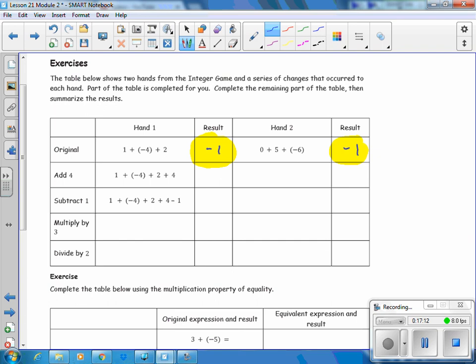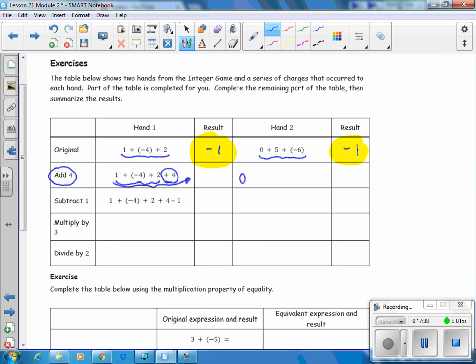Now, in the next row, you're going to add 4 to both of those expressions. So the original expression is written for you, and here they've already written the +4. So go ahead and calculate that answer and write it here. Then you are also going to rewrite the hand 2 expression and add 4 to it.